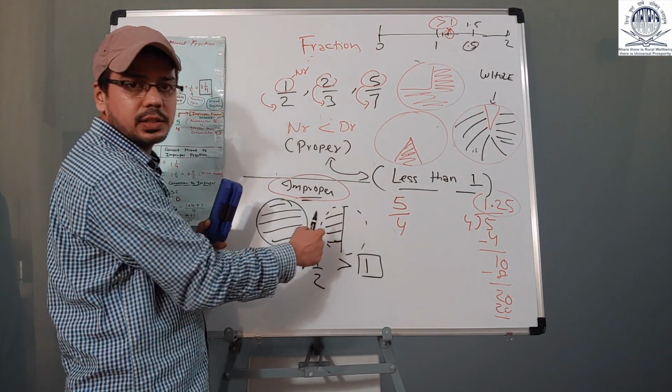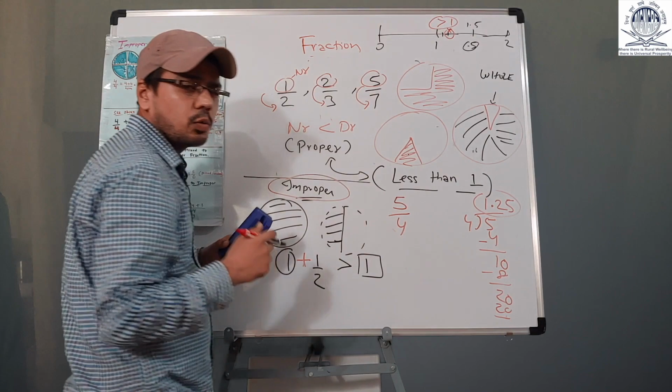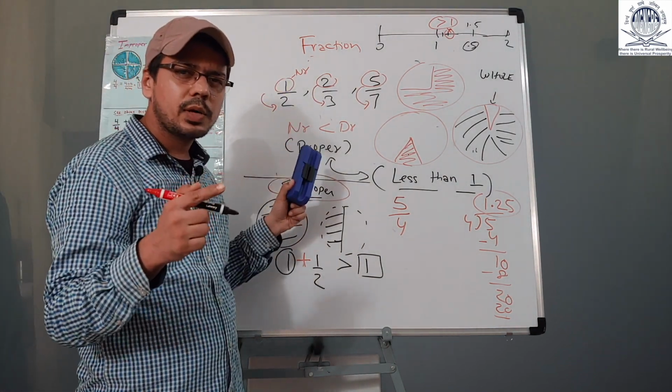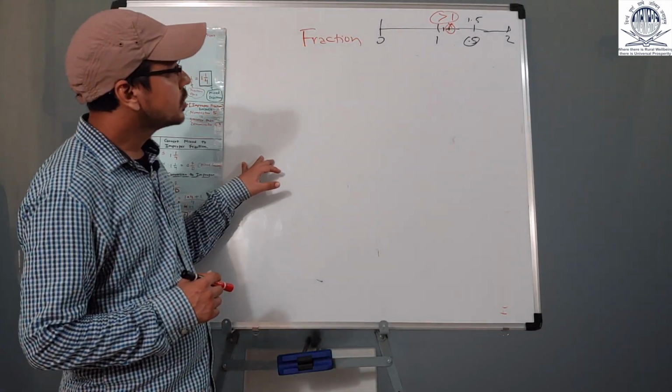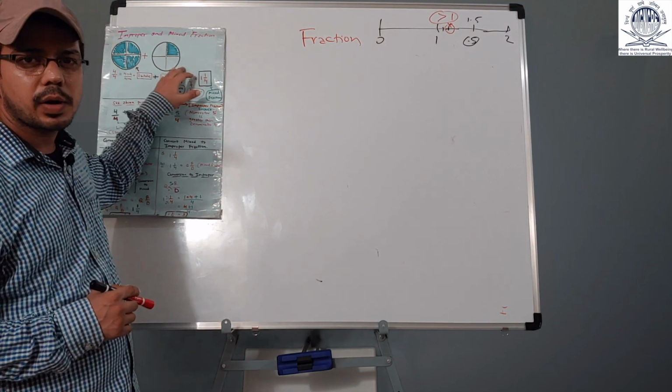So improper fractions will always be greater than 1. Why don't you try to give some examples of proper and improper fractions, and in the meanwhile I'll just clear this board. Alright, now we'll come back and understand what mixed fractions are.